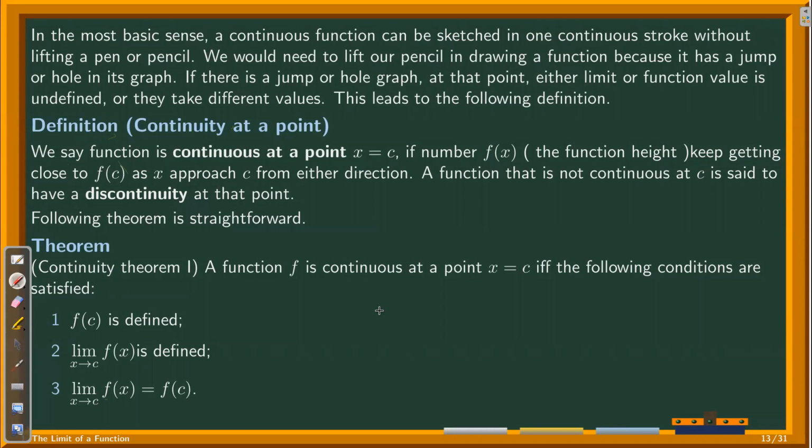So that is the definition. That means f(c) is defined at x equals c, the two-sided limit exists, and the limit is equal to the function value. These are the three conditions you will check. Then it is continuous. Is it clear now for the person who asked the question, or do you want me to explain further?